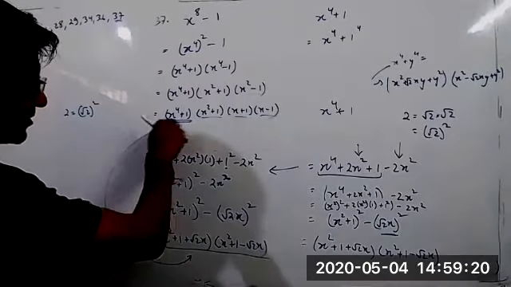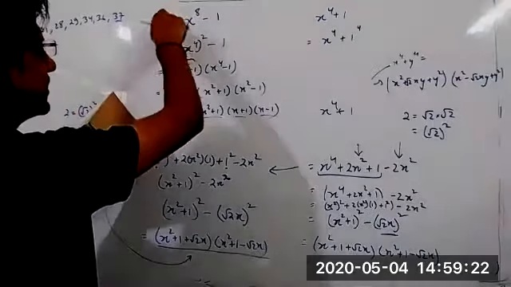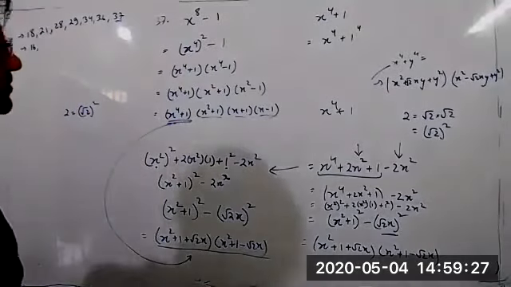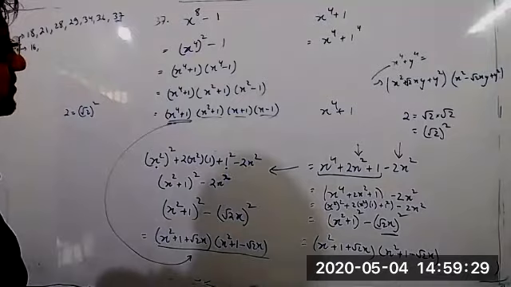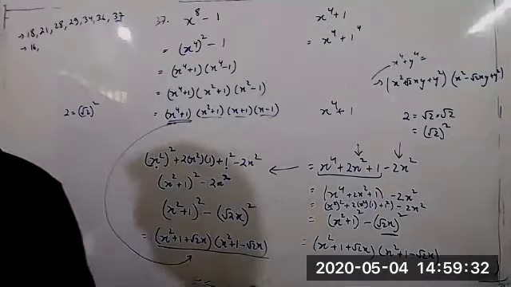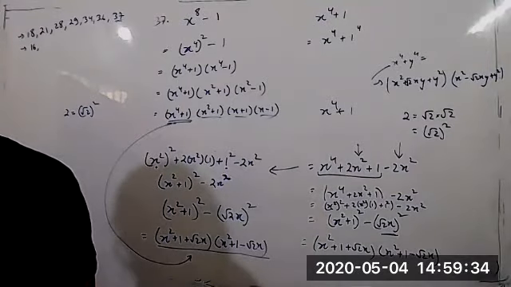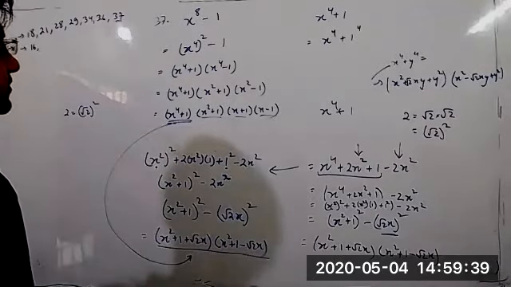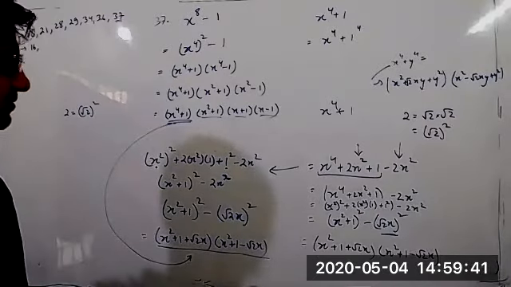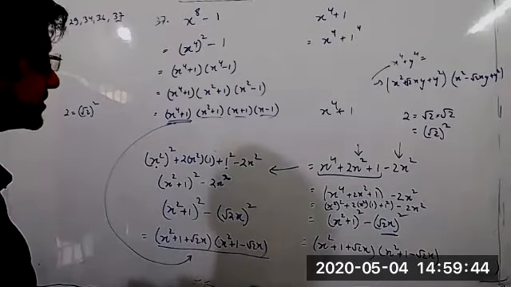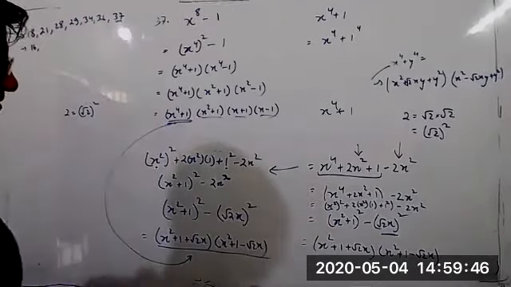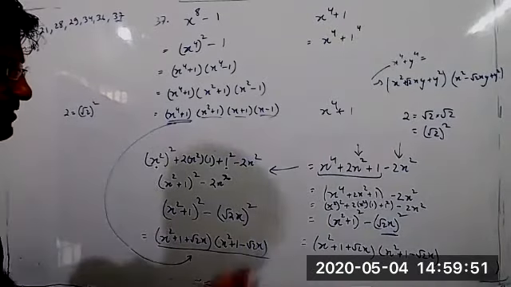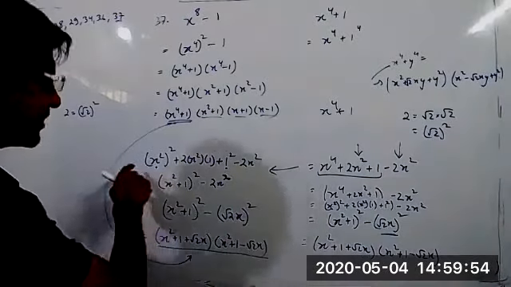This is the factorization of this one, and this is the factorization of this. So which one you want? Prithvi. So factorization of x4 plus 1. I'm not able to understand, Prithvi. Which part you want? This part or this part? Sir, the second one, sir. This one. Yes, sir. I just now explained. Which step have you not understood?